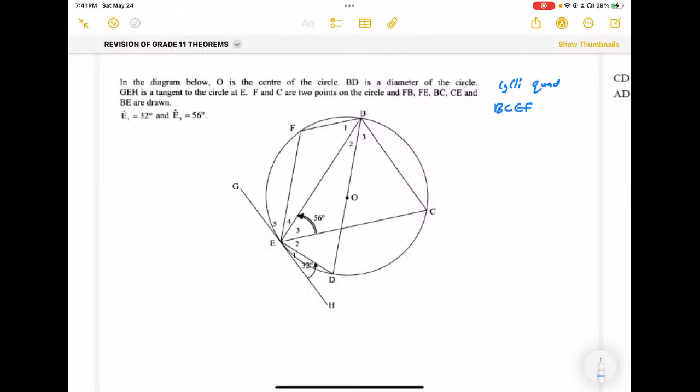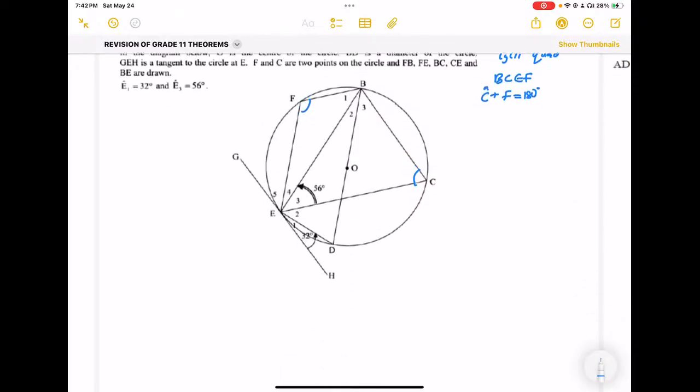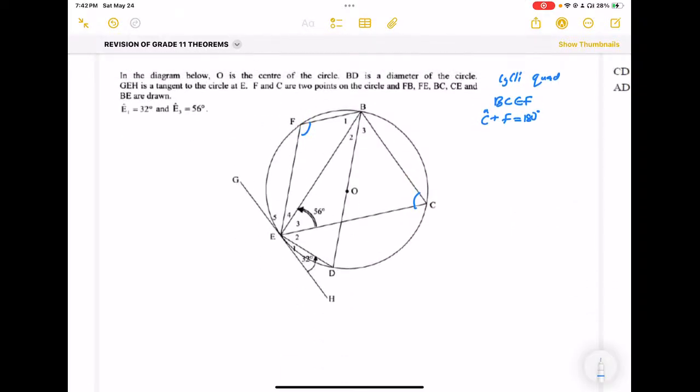Right, so when I've got cyclic quad BCEF, what do I know? It means that the two angles, this angle and this one, should give me 180, right? I know that angle C plus angle F equals 180 degrees. And what else do I know? I also know that this angle and this one also give me 180 degrees.